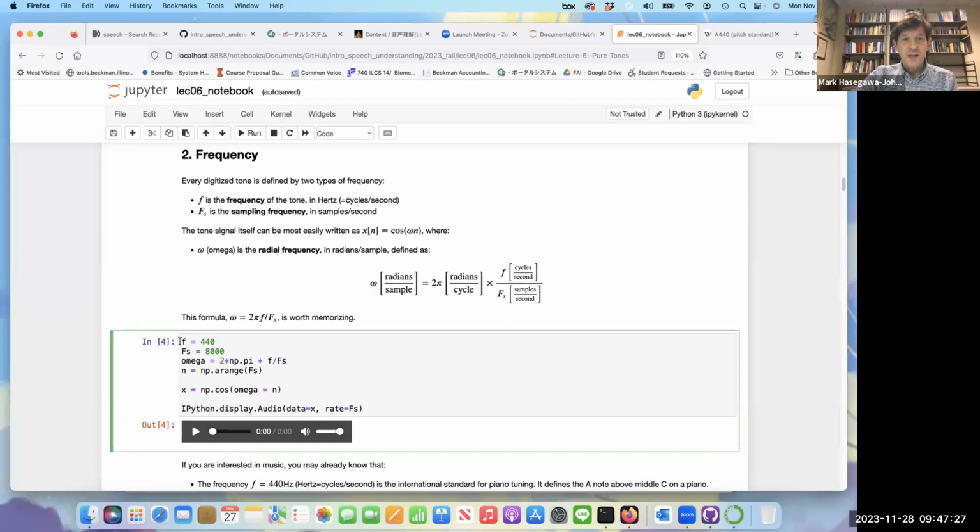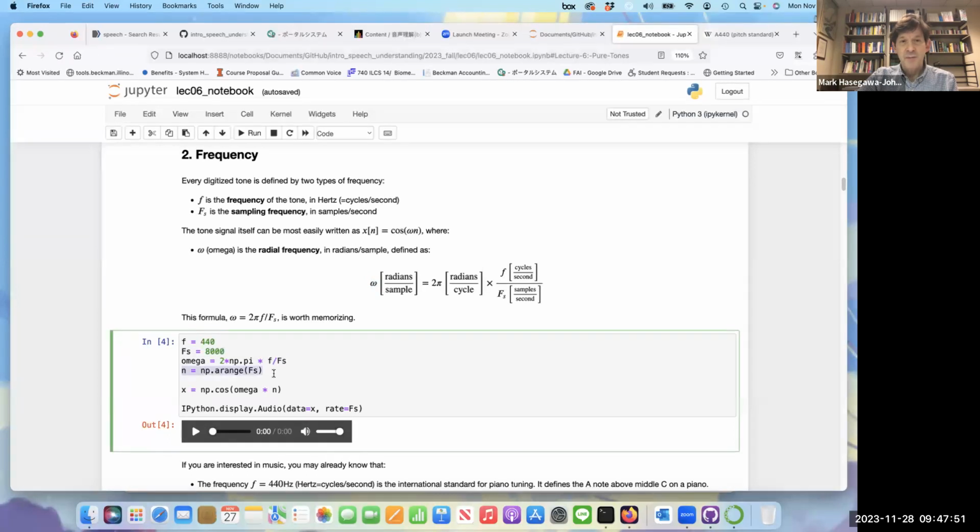And so in this formula, I have f equals 440. Fs is equal to 8,000 samples per second. So I have 440 cycles per second, or 440 hertz, 8,000 samples per second. And then I create omega, which is just a single constant, 2 times pi times f over fs.